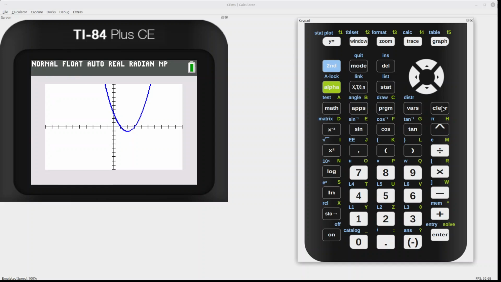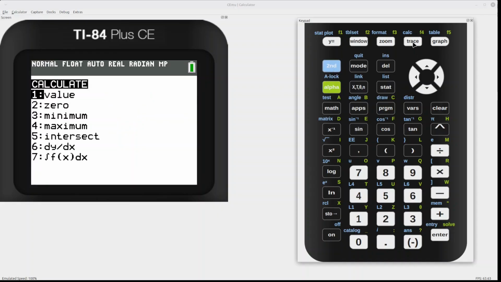Using the same equation, y equals x squared minus 4x plus 3, you're sometimes asked, what's the lowest point on the graph? All right, so what we have to do here is second, trace, which is calc. We're going to go to option number 3, which is the minimum.